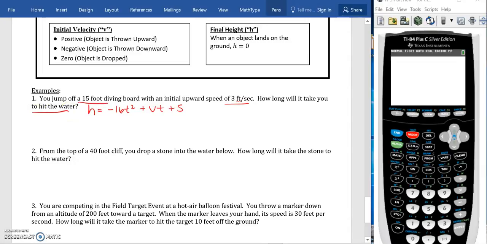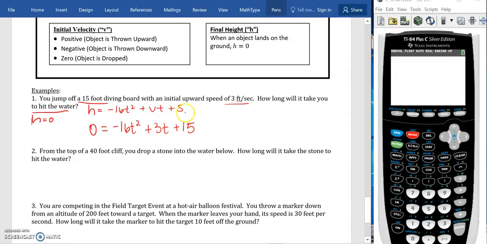The first thing we want to say is, how high above the ground is the ground? This means when we hit the ground, h would be 0. So we're going to let 0 equal negative 16t squared plus 3t plus 15.